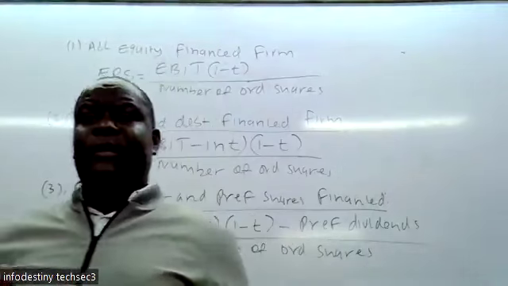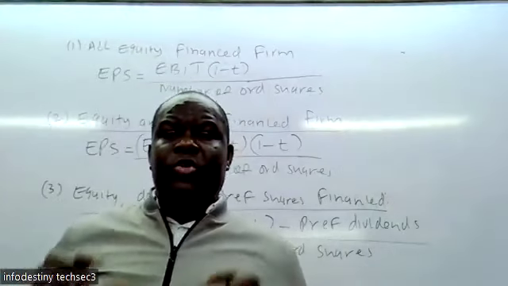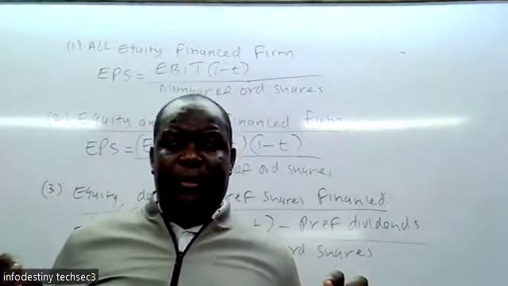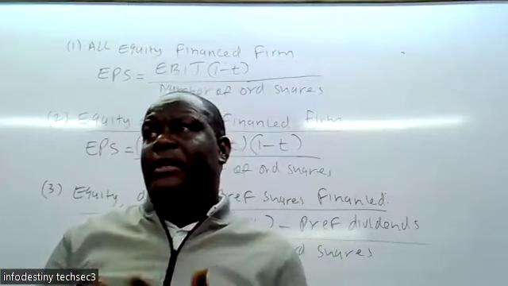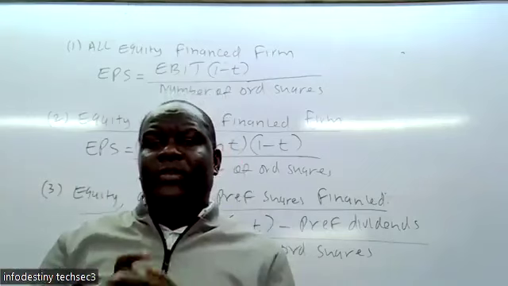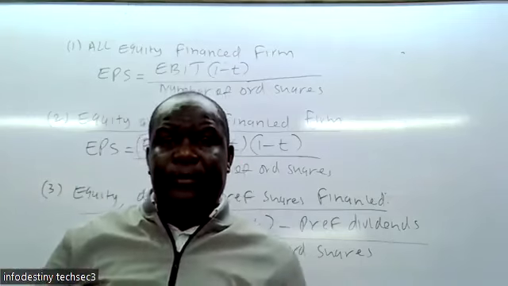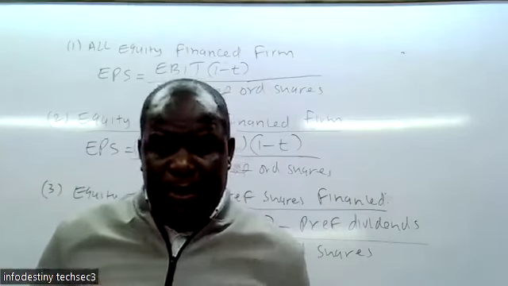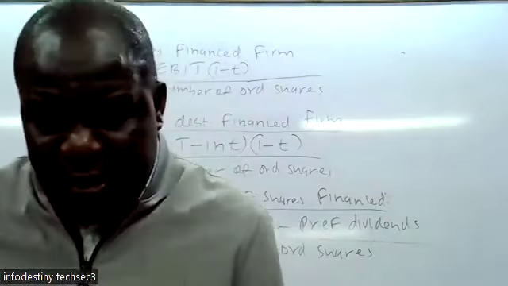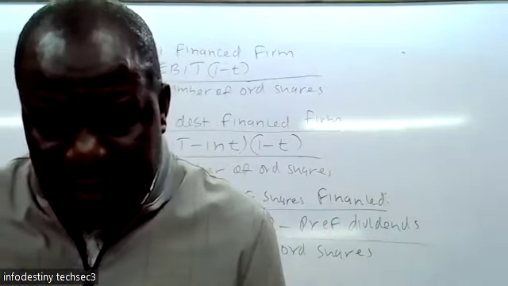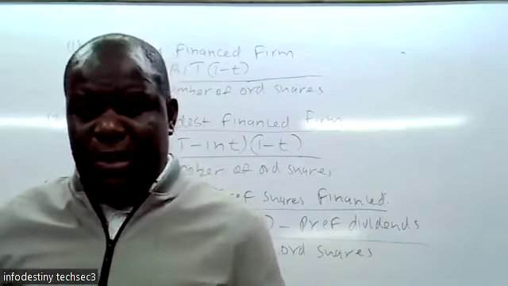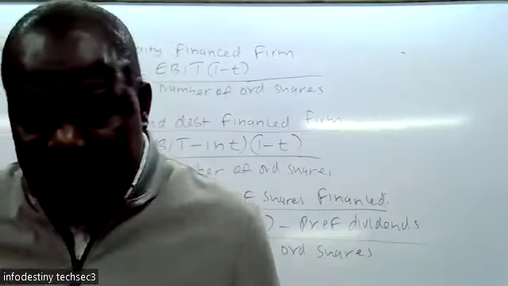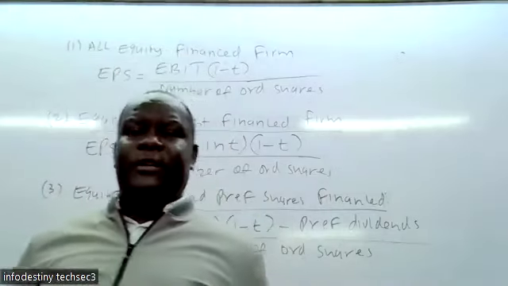So when you are analyzing that kind of question, you start by checking what is in the current capital structure. In that first paragraph, there is 150 million in 15% debentures. There is also 450 million in ordinary shares.